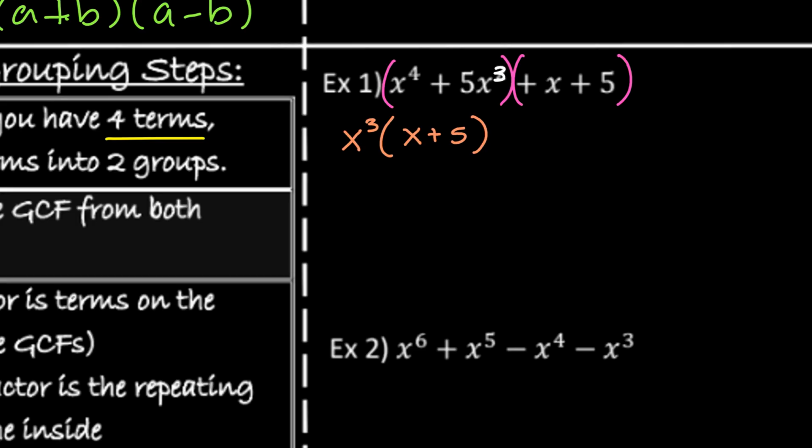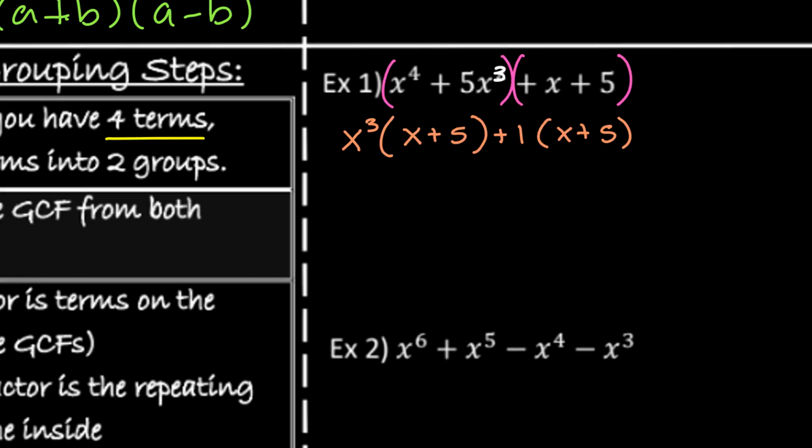No matter what, if you pulled a GCF out of the first, you have to pull a GCF out of the second. So our greatest common factor here is just 1. So now what tells you that you did this correctly? Yes, inside the parentheses is the same.